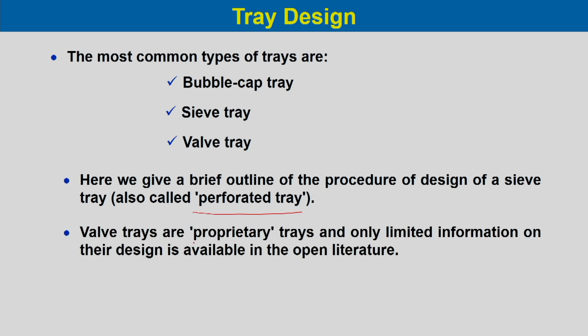The valve tray, as we said, is a proprietary tray and only limited information on its design is available in the open literature. And as far as the design is concerned, we will outline the sieve tray, because the design parameters for proprietary trays like valve trays are not much available in the open literature.